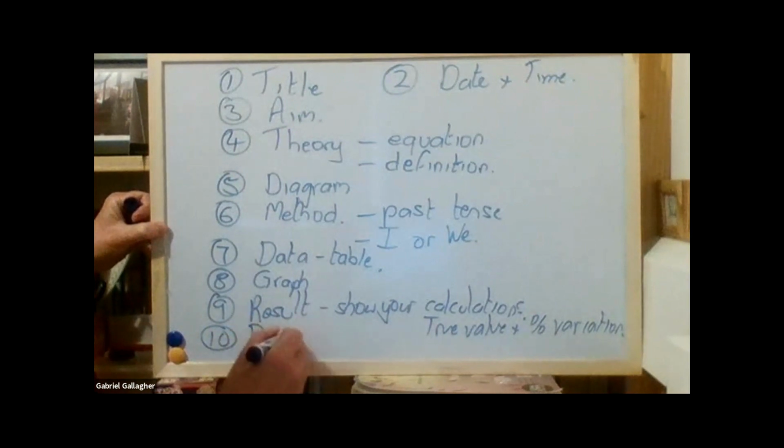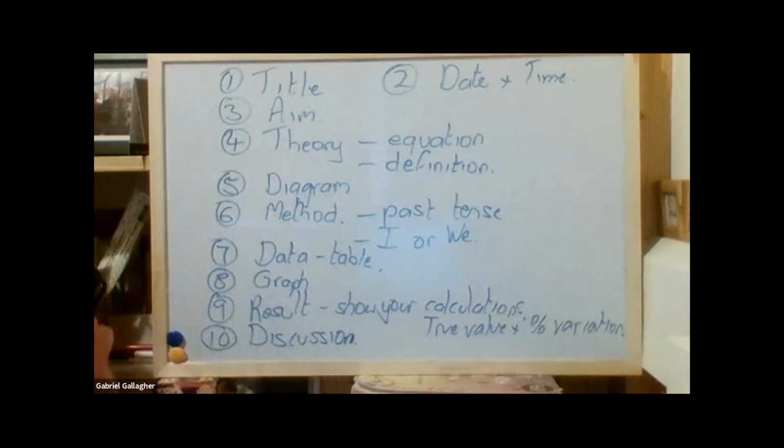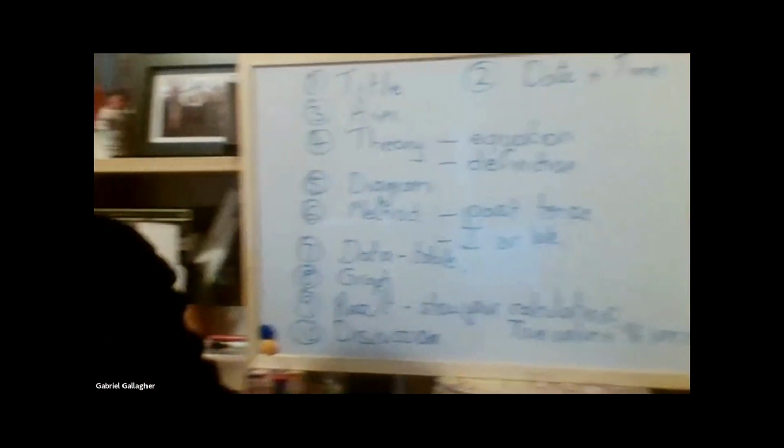The final part of a report is the discussion. Okay, so I'm just going to move away from that now and come back to me. So what's the discussion? The discussion is where you explain why you got it all wrong. Okay, it is a way of analyzing what has happened and saying, okay, here's the true value.